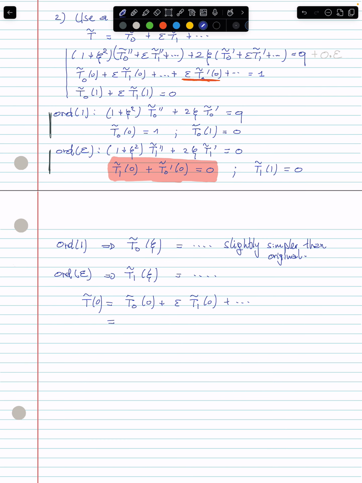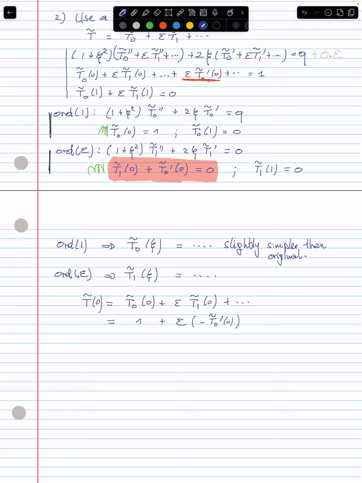Because we see from the boundary conditions that we have used here and there, T0 of 0 is equal to 1 and T1 tilde is equal in fact to minus the first derivative of T0.